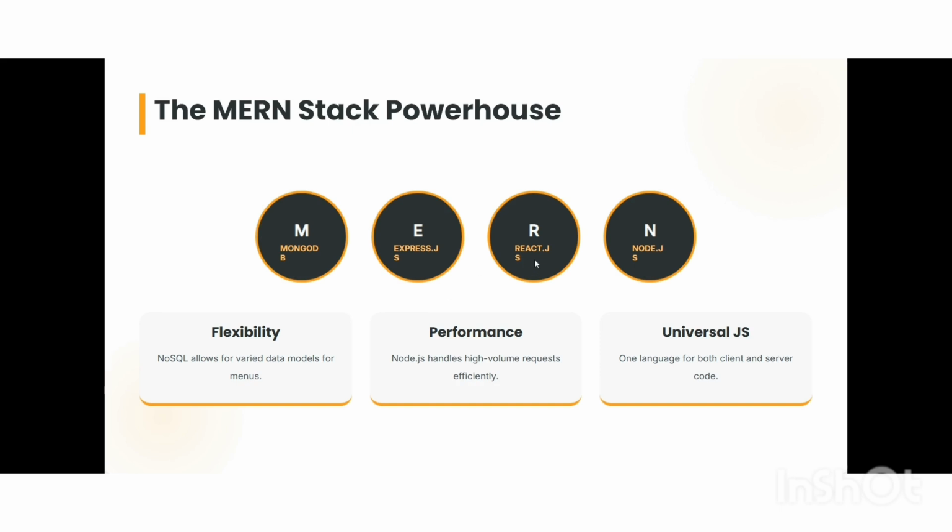React.js is a library to build beautiful and fast screens. And Node.js lets us run server code using JavaScript. Using the MERN stack, I built this whole project. The advantages are flexibility and performance.